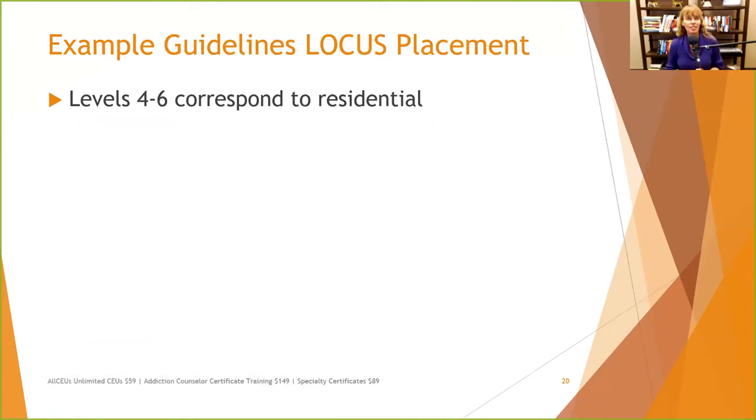Some of the things that you can take away from this from a clinician's point of view, and I didn't even put in the benefits of using patient placement criteria specifically. I did talk about the ability to authorize more sessions, but you can use these to support your request for multiple sessions a week, when typically insurers will only authorize once a week for outpatient, and then they jump way up to intensive outpatient.